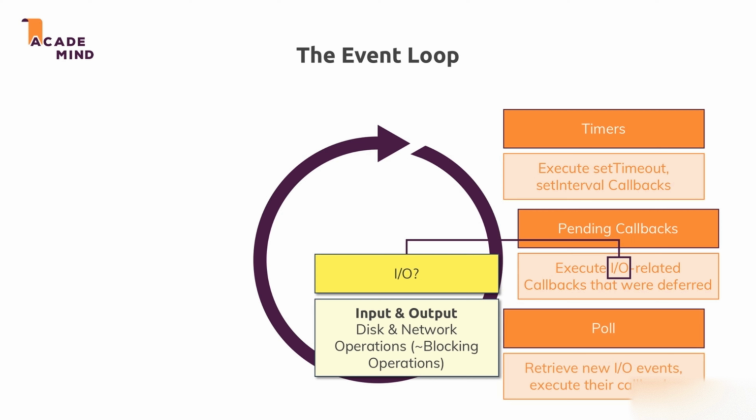The poll phase is basically a phase where Node.js will look for new I/O events and basically do its best to execute their callbacks immediately if possible. Now, if that is not possible, it will defer the execution, basically register this as a pending callback. So this is how that works.